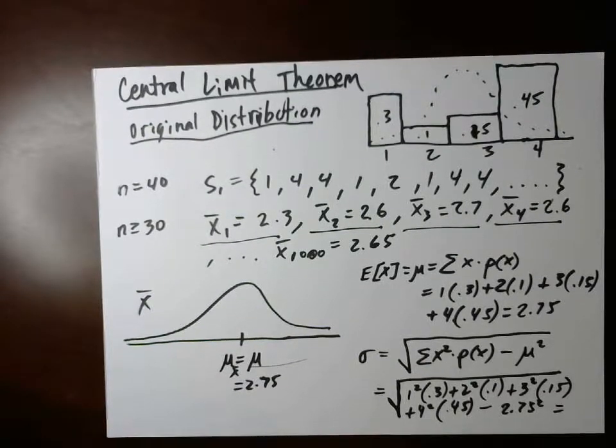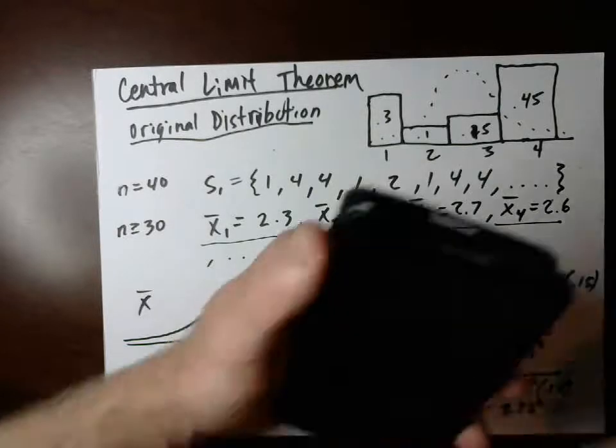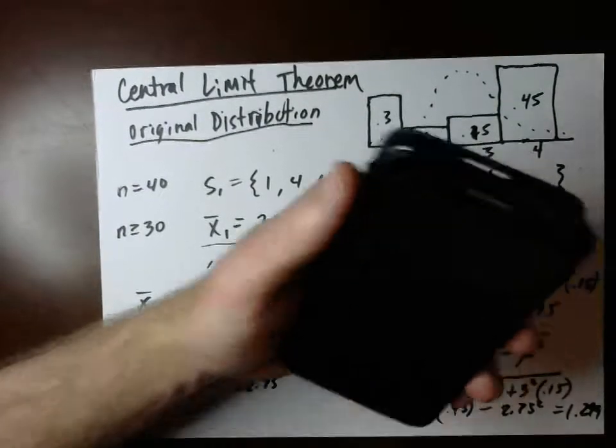So what we'll end up getting is 1 squared times 0.3 plus 9 times 0.15 plus 16 times 0.45, and so on, which gives 1.299.